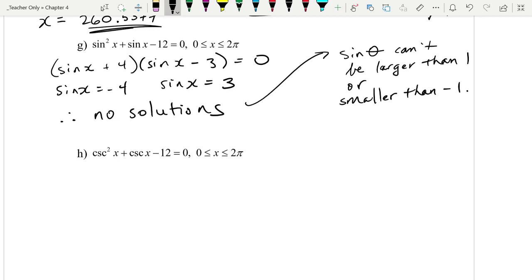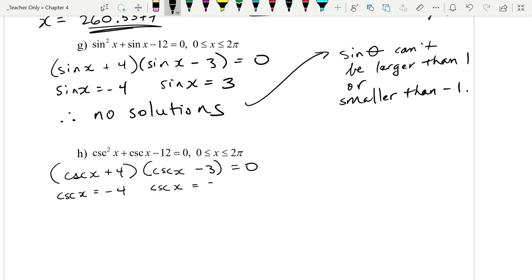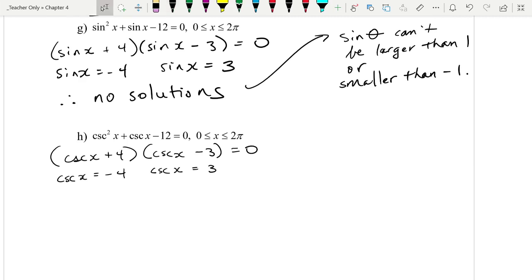But the next one, which is actually the same algebra, does, because look what happens on the next one. Cosecant x plus 4, cosecant x minus 3, and so that means that the cosecant of x is negative 4, the cosecant of x is equal to 3, and then to solve those, do the reciprocal of both sides of the equation.